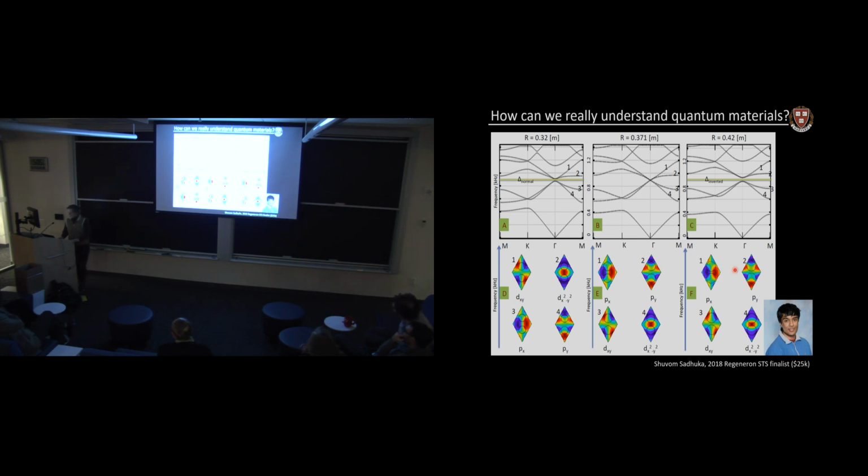So he did some simulations of this honeycomb lattice and found that as he tuned the radius of the pillars, these phonon bands, or acoustic bands, inverted. They reached an accidental degeneracy point, and then they inverted. So now, over here, the state with fewer nodes in the wave is actually above the state with more nodes.